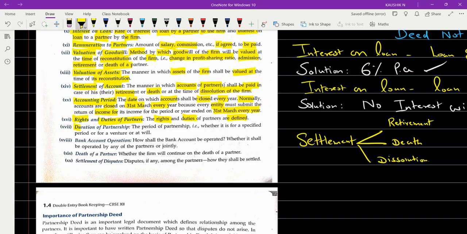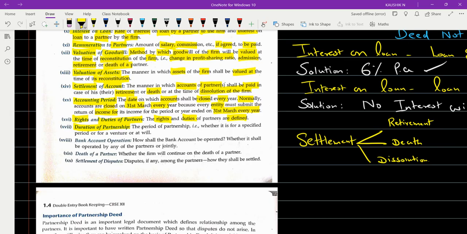And then duration of partnership. There are some partnerships which have been formed for a particular time period. That we call duration. Some partnership businesses have been formed with the intention of running for a particular period alone. Then it should be mentioned very well.